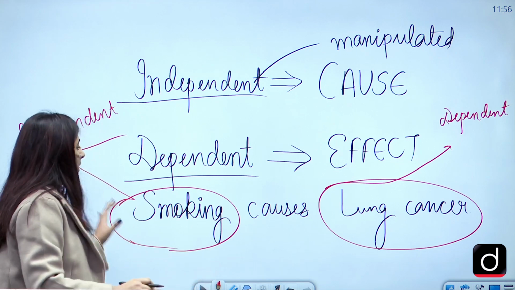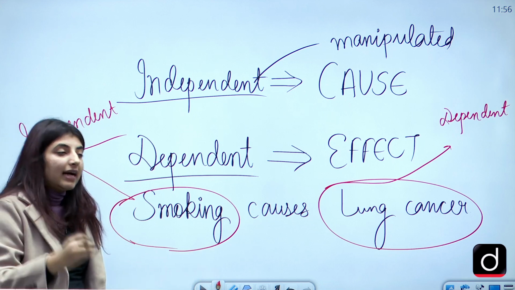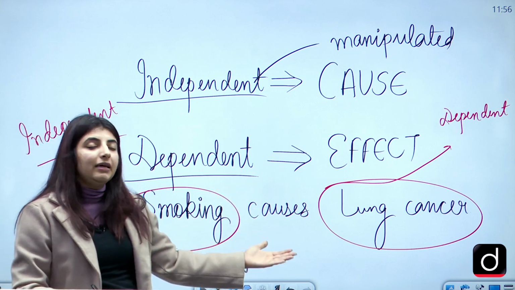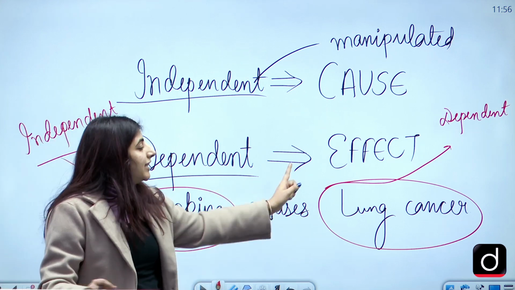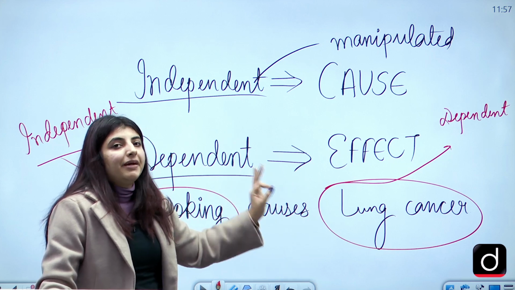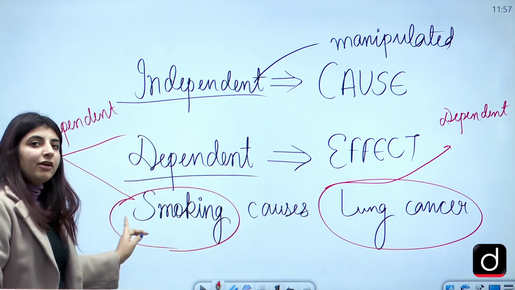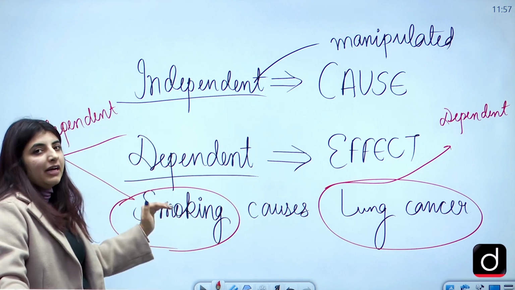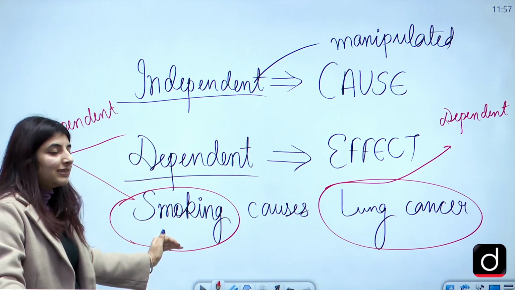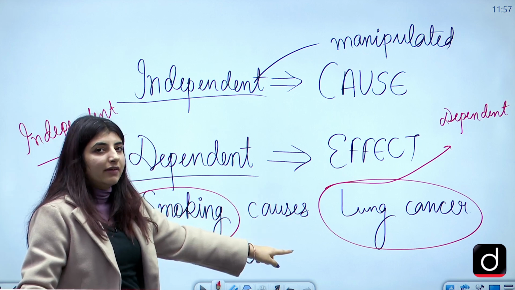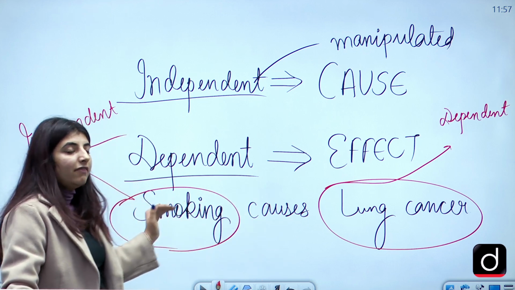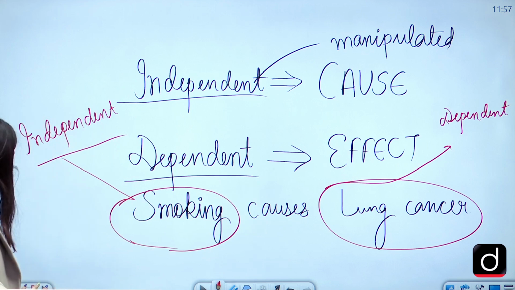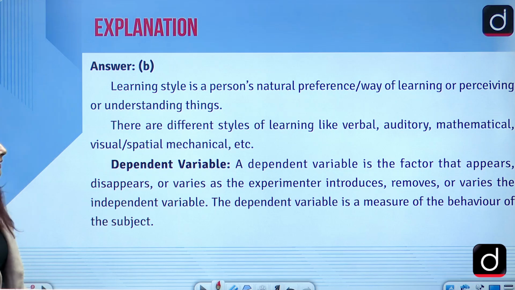Coming back again, if I start taking coffee in a lesser amount, my sleep will be affected. So the effect will always be the dependent variable, but the manipulation will always be done by the experimenter or the researcher on the independent variable, to see if I change this, does it have an effect on that, the dependent variable? If there is none, then we will see if there are other variables.